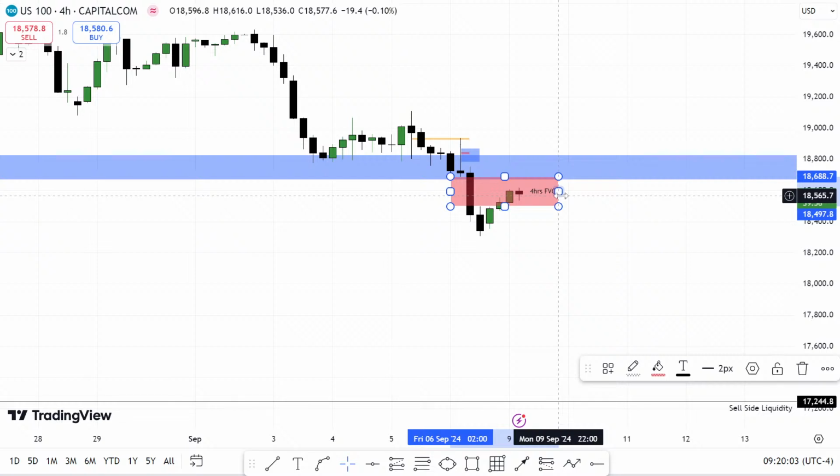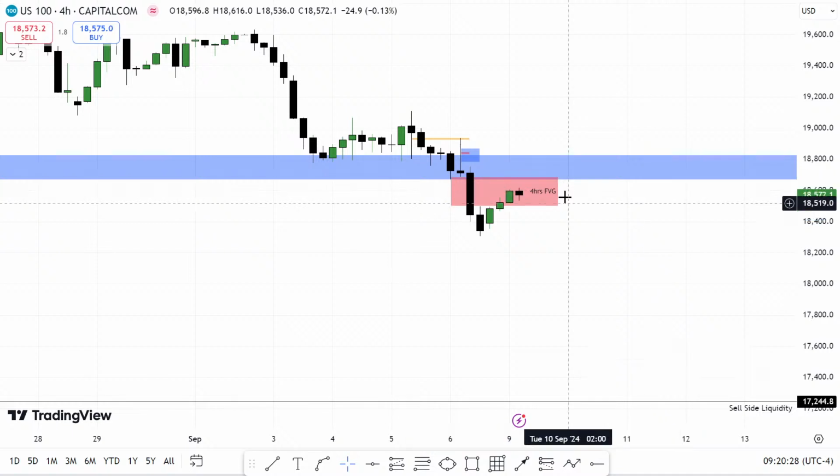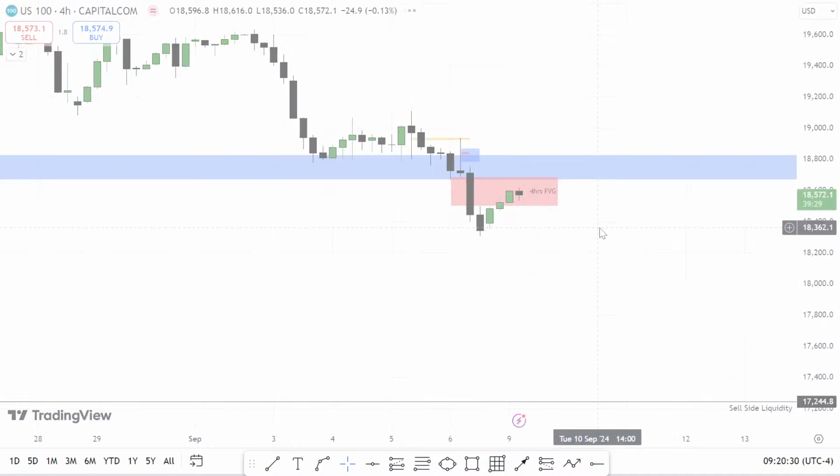Alright, so let's continue. So just right here we have this 4 hours bearish fair value gap. Then let's see what we have in the 1 hour time frame.